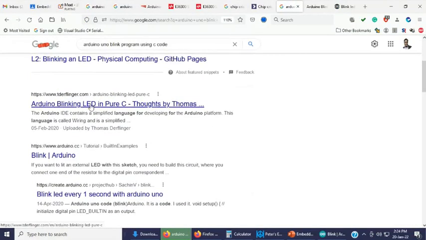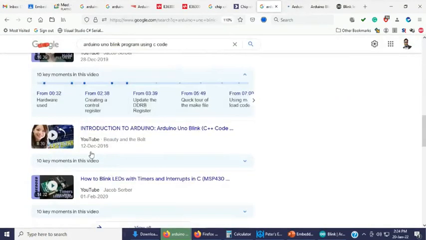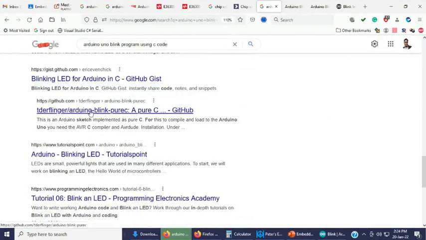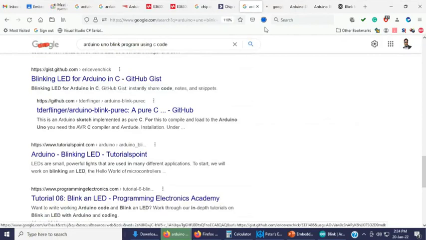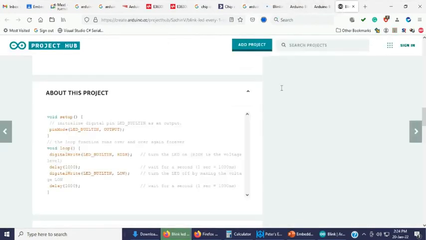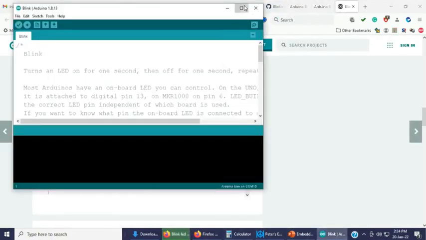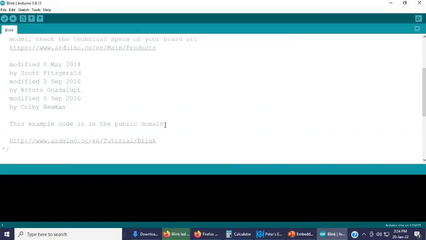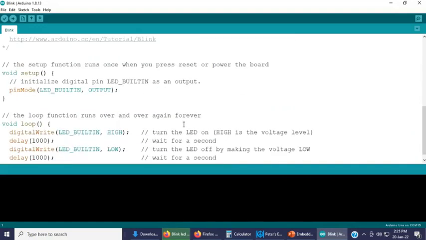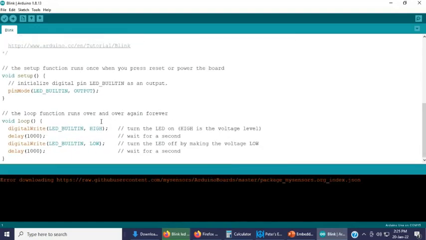Yeah, there is a code. I received the code, but oh wait, this is the same website. Okay, let us check. So this is the code which is there with the Arduino. I believe you can see this code, right?